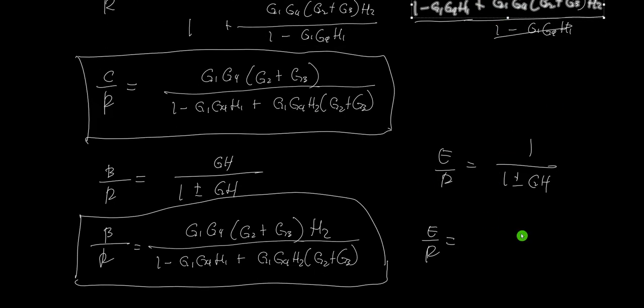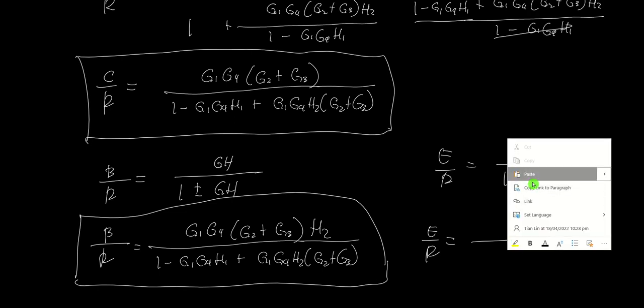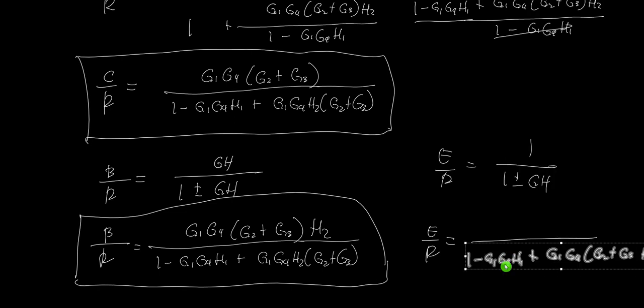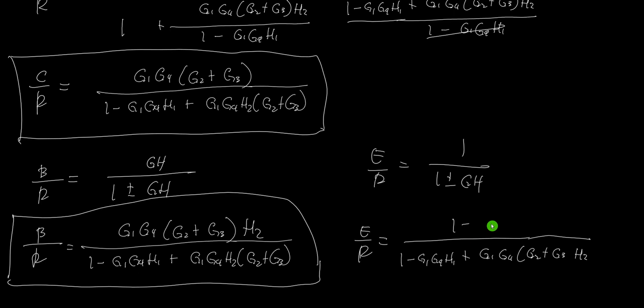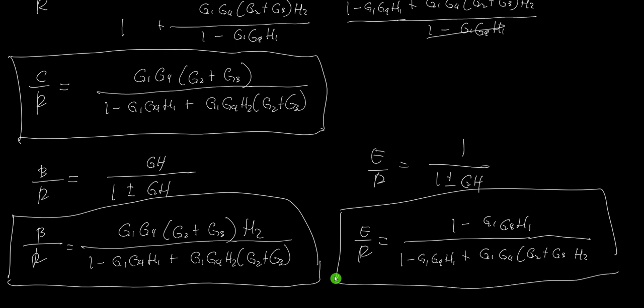Then I paste it here. So this will become our denominator, and for the numerator, it's this one, 1 minus G1, G4, H1.